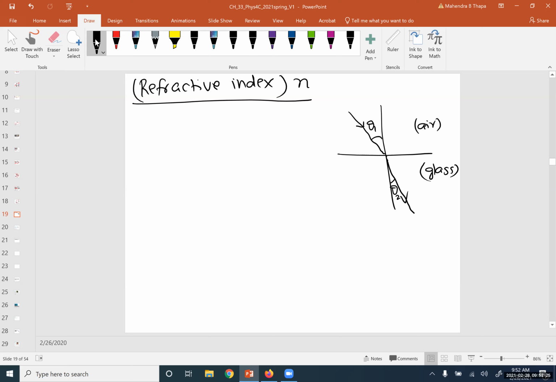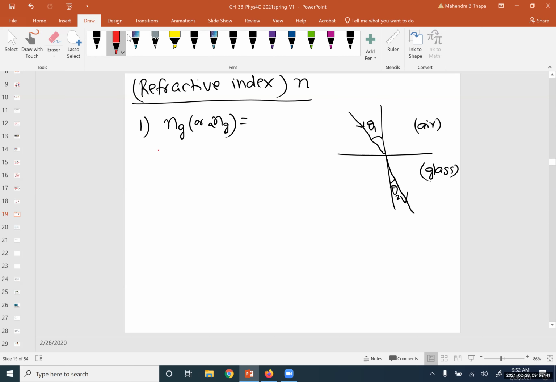We can define refractive index in two ways. We can write ng, the refractive index of glass with respect to air. If it is air, we don't write air.